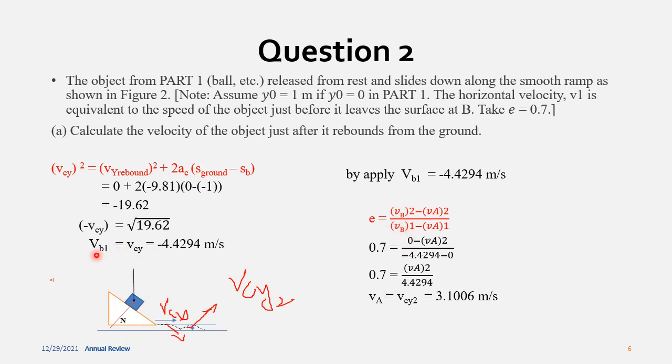After that, we take this answer and we derive it into the e equation, and we can find VA2 equal to 3.1006 meter per second, or we call it VCY2.